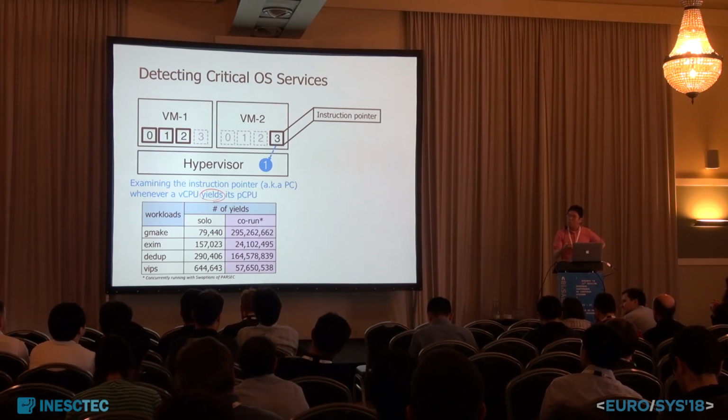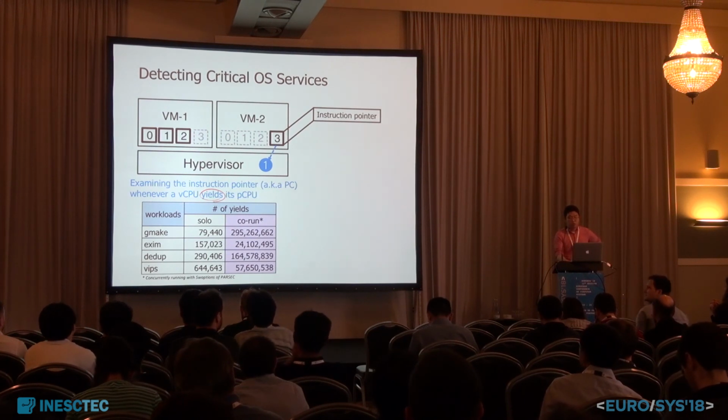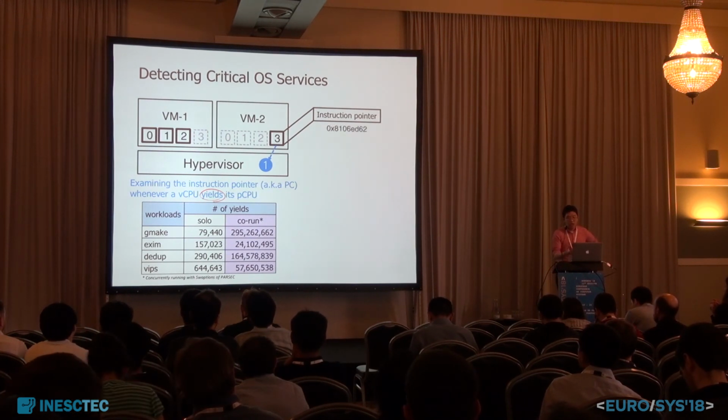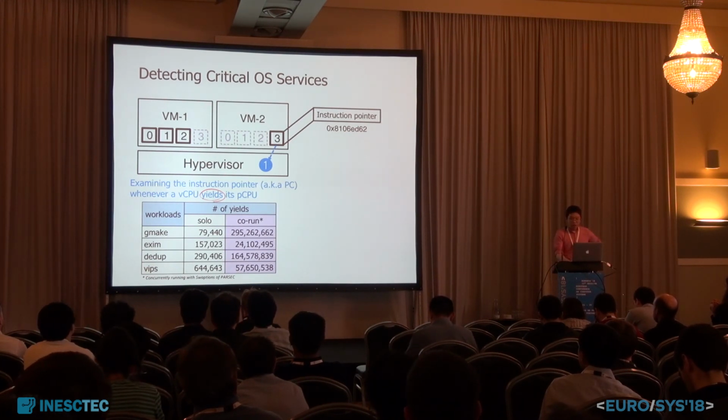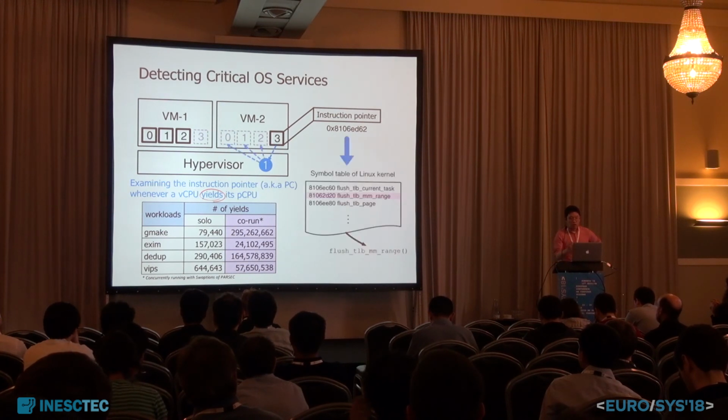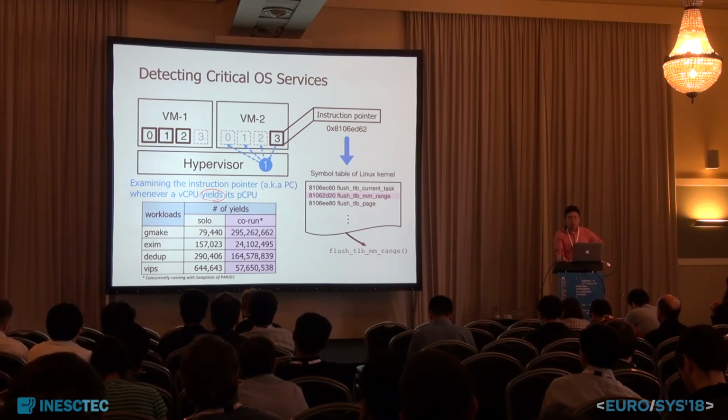However, the instruction pointer itself does not have much information. It is just a memory address indicating an instruction. So to obtain the semantics of the address, we take advantage of the kernel symbol table. It gives us a hint to understand what the virtual CPU is doing in the kernel execution without OS modification.